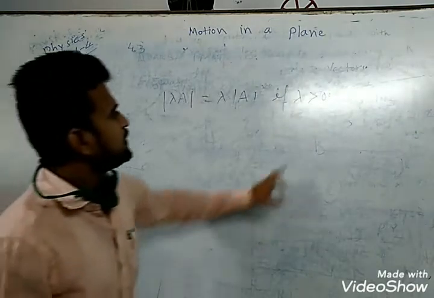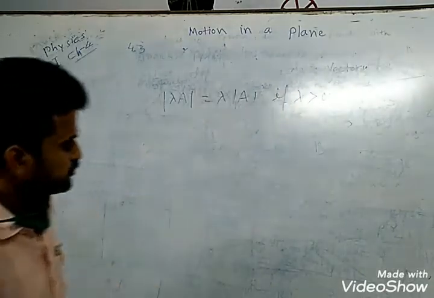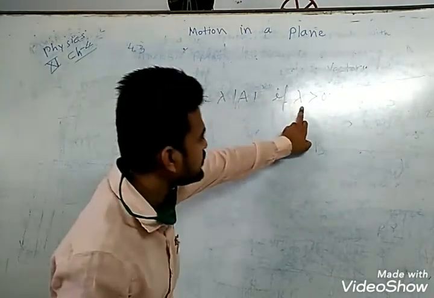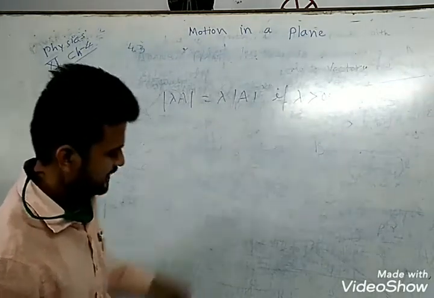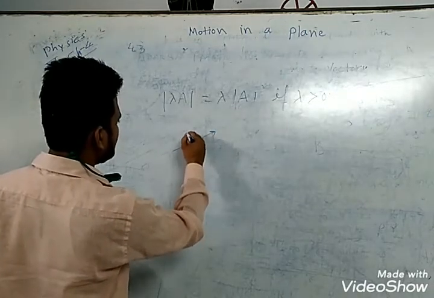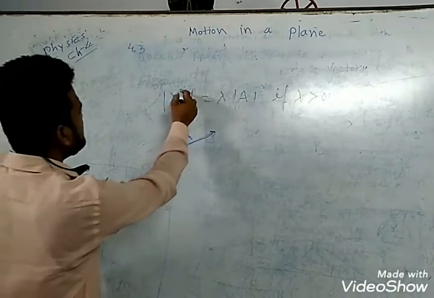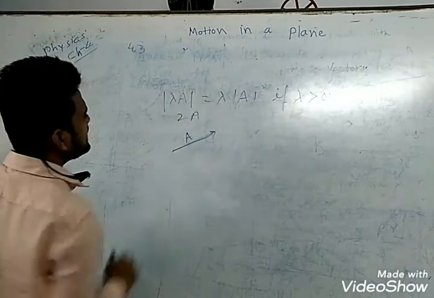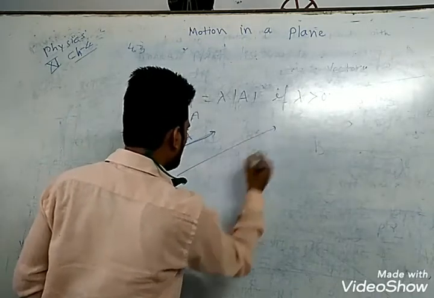So lambda times A. In the first case, vector A multiplied by 2 is equal to 2A, almost double.